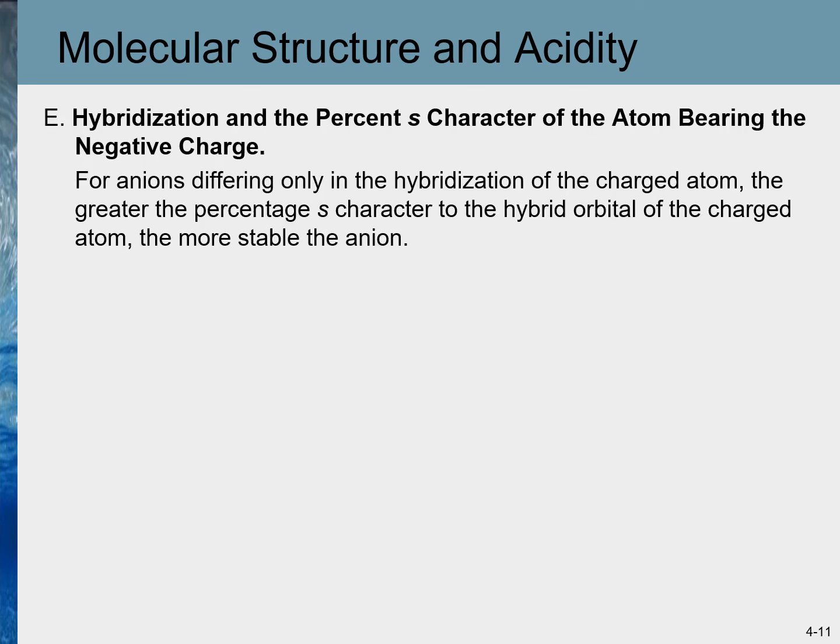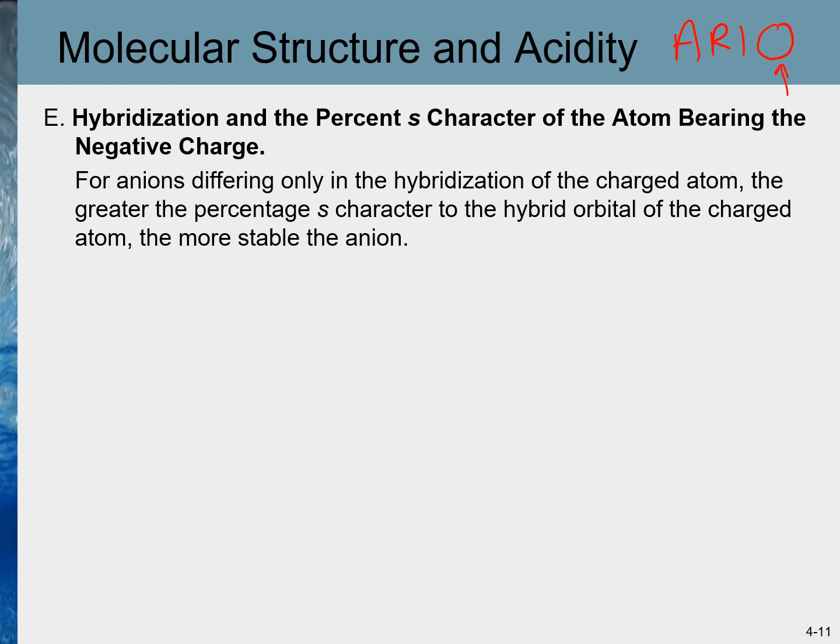The last factor on which the stability of the conjugate base anion depends is the orbital. By orbital I mean in what kind of orbital hybridization the atom possesses on which there is a negative charge.